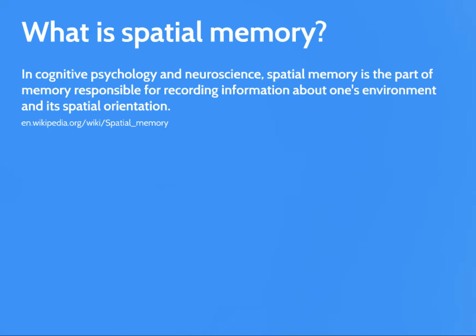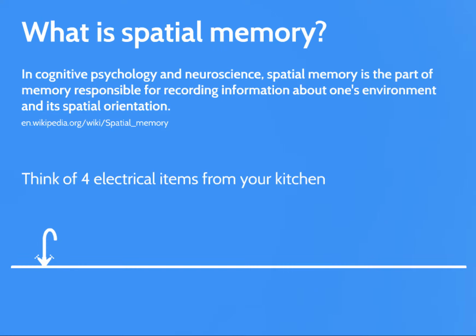So I just want to show you spatial memory in action. I want you to think of 4 electrical items from your kitchen. Go ahead, think of those right now. Now my guess is that what didn't happen in your brain just a second ago is that you didn't have a bullet point list of electrical items from your kitchen appear.